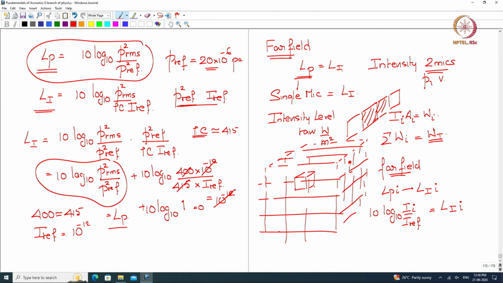Then log to the base 10 of raw intensity by reference intensity is LI i by 10.